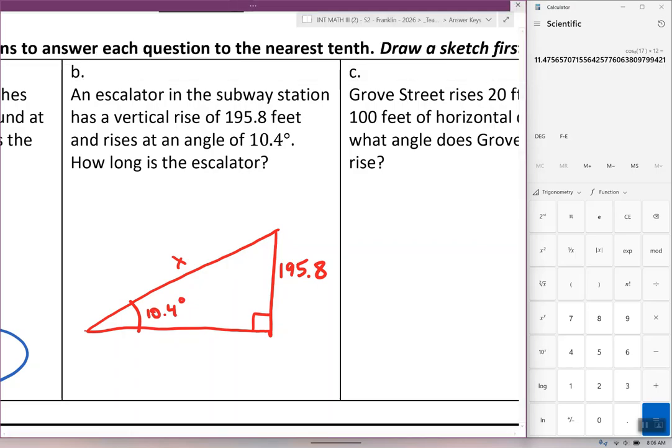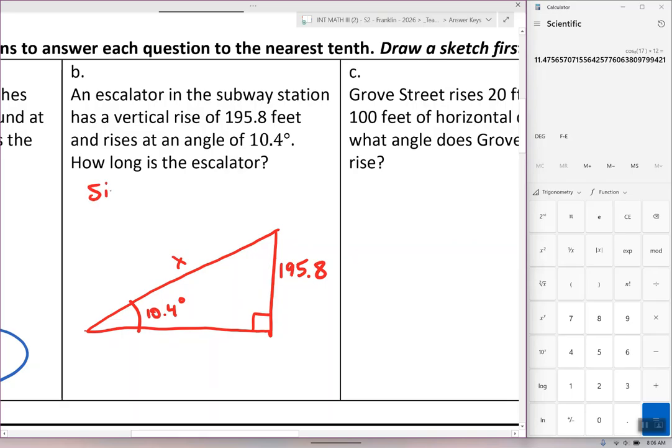Okay, so from our triangle, from the angle we've got the hypotenuse on the opposite side. So we'll use sine here. The sine of 10.4 is equal to 195.8 over x. And if you remember from our notes before, we can think of this as a proportion, and then we'll do 1 times 195.8 divided by sine of 10.4.